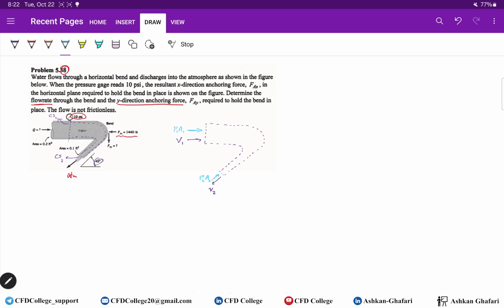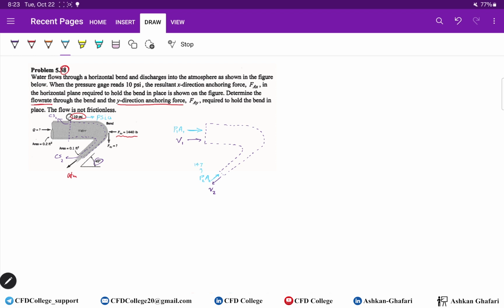P2 is 0. Why? Because we are working with gauge pressure. If instead of psi we had psia here, then we should consider P2 as atmospheric pressure, which is 14.7.